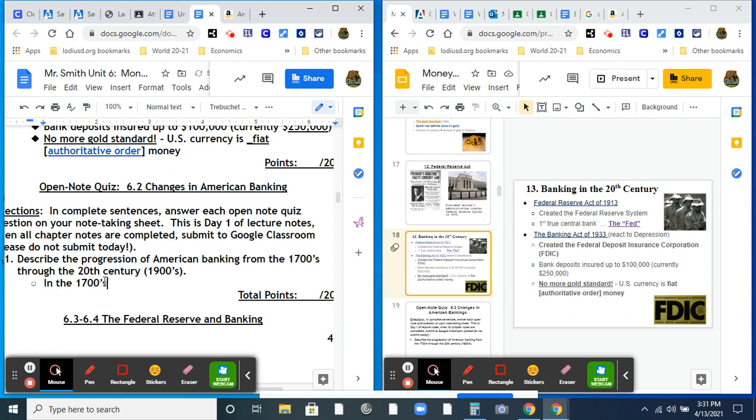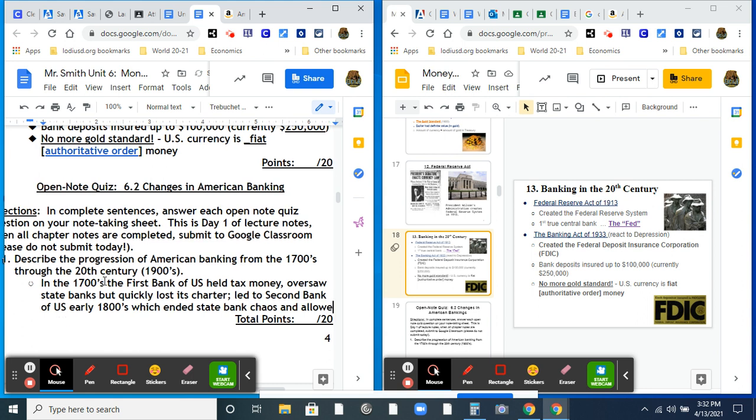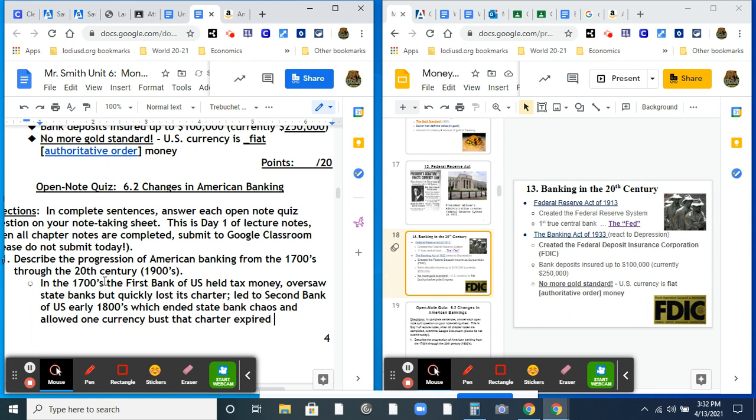In the 1700s, the First Bank of the U.S. held tax money, oversaw state banks, but quickly lost its charter, which led to the Second Bank of the U.S. in the early 1800s, which ended state bank chaos and allowed one currency, but that charter expired in 1832.